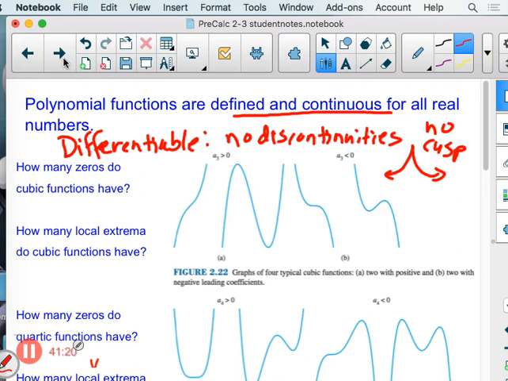Now, some quick questions, because I know we're probably getting low on time. Cubics. How many zeros do cubics have? Trick question.